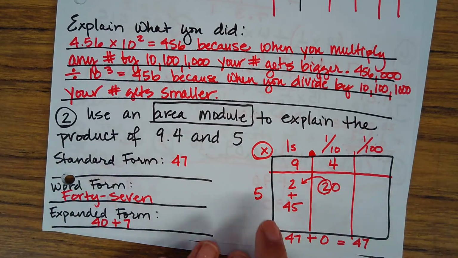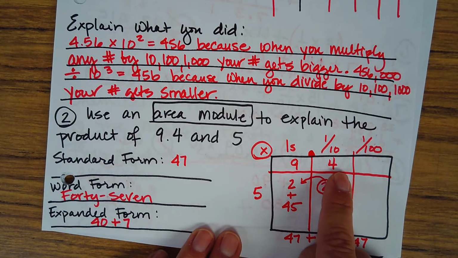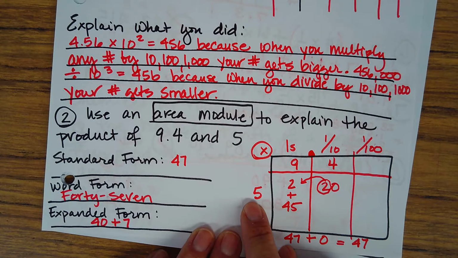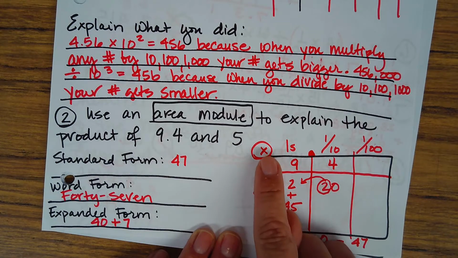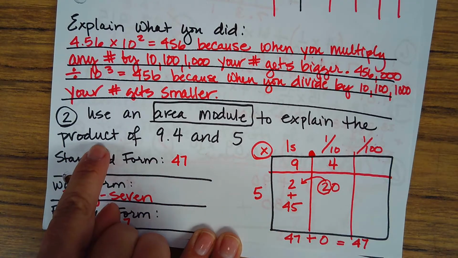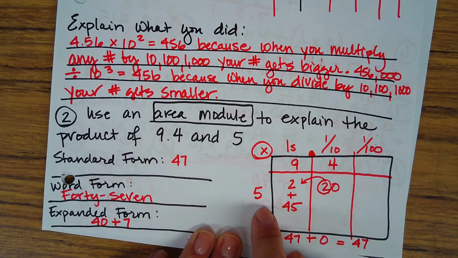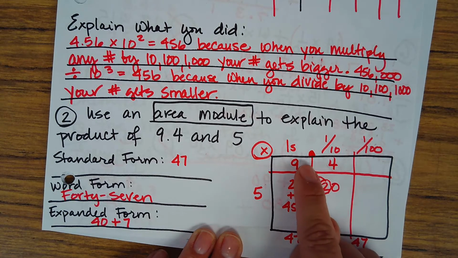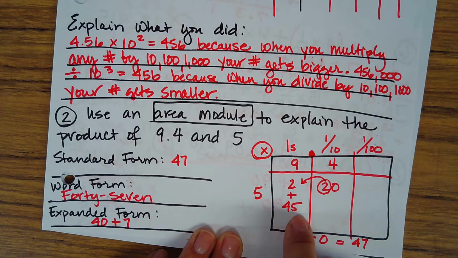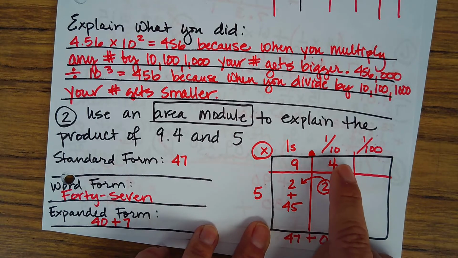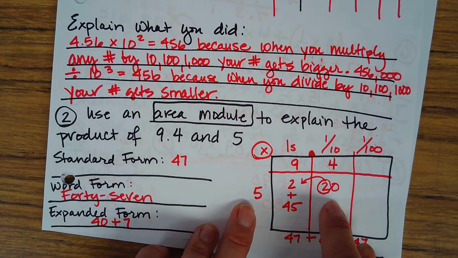So here is 9.4 times 5. So here is my area model. Here is my number. I'm using it to show the product of 9.4 and 5. So 9 times 5 is 45. 4 times 5 is 20.